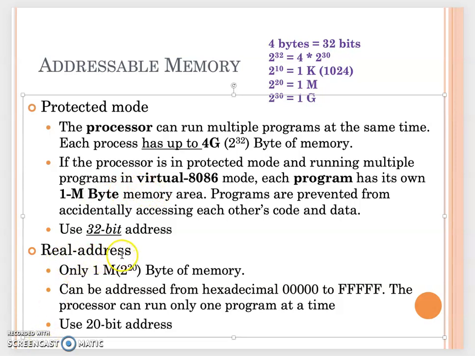In real address mode, the same thing applies: 1 MB. 1 MB is 2 to the 20th power, so they use 20 bits as the address. That's equivalent to hexadecimal from 00000 to FFFFF, because each hexadecimal digit represents 4 bits in binary. So in the real address mode, or the virtual 8086 mode, they only allow at most 1 MB of memory because they only use 20 bits in the address.